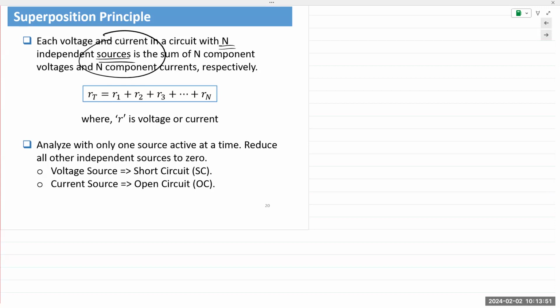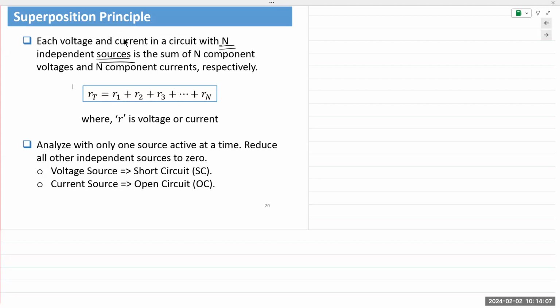Okay. So superposition basically states if you have n number of sources in a circuit, the voltage or current at any single point in a circuit is a result of all of those n sources working at the same time.